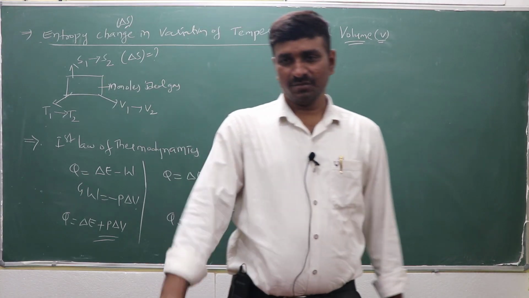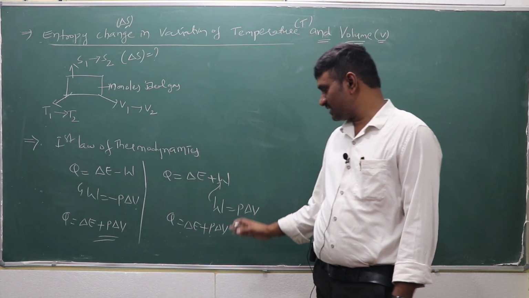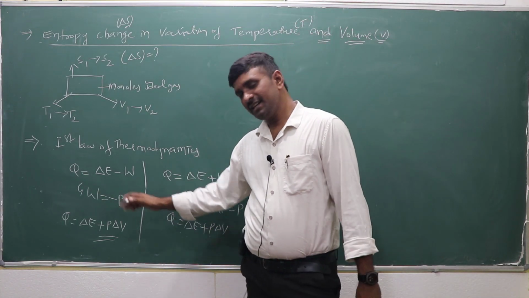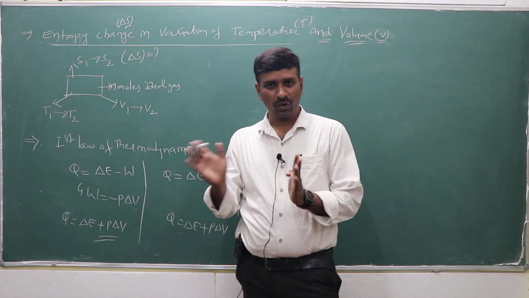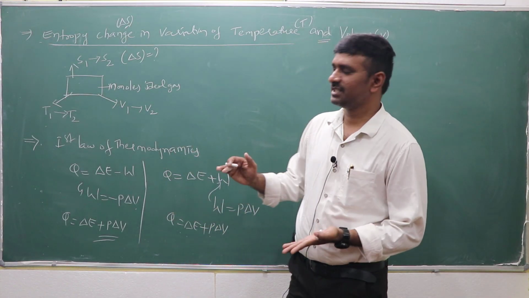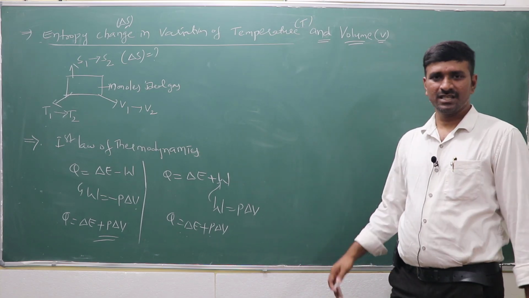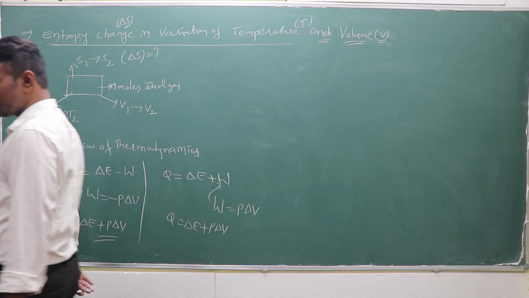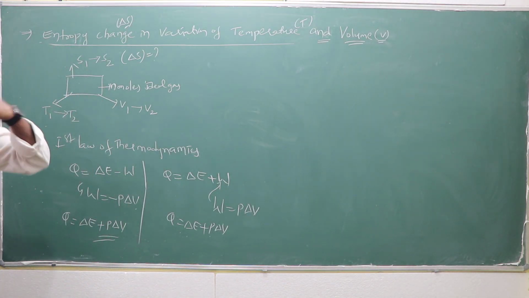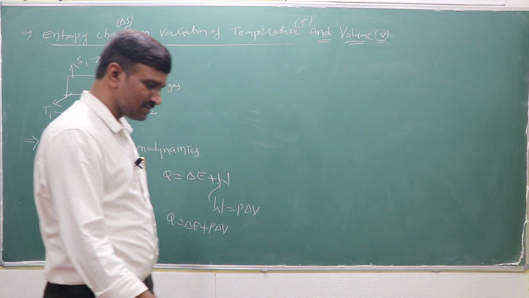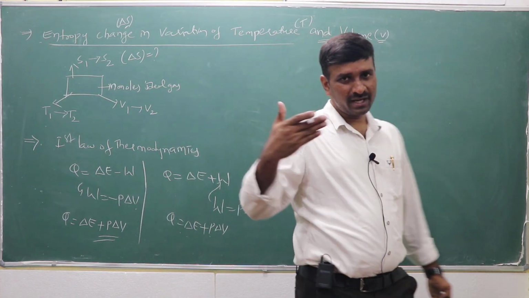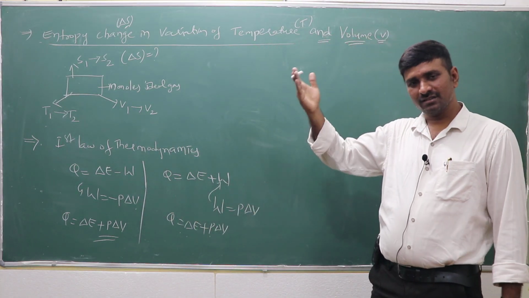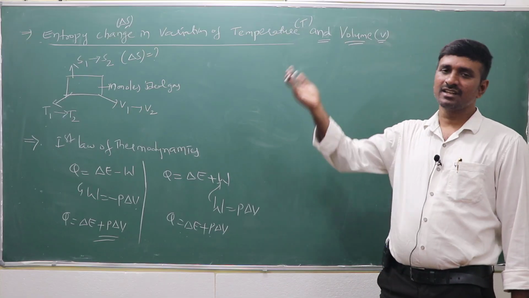Depending upon the system, that means the work done, external pressure and internal pressure, which one is more, and whether compression or expansion takes place, the work may be done by the system on the surroundings, or work done by the surroundings on the system.